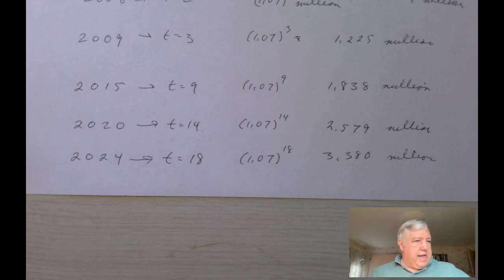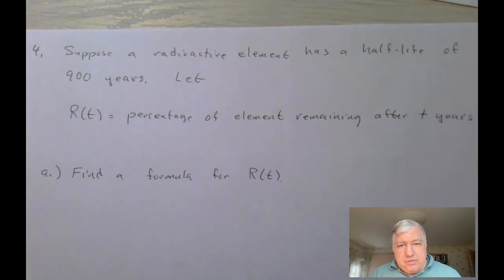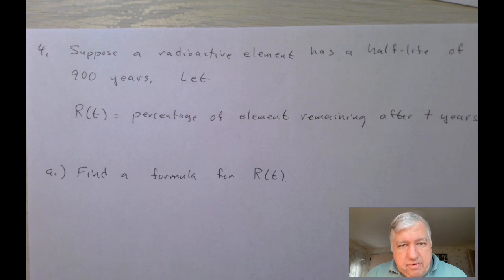Okay, the last example here. Now we're going to go in the other direction and talk about something that decreases exponentially, like a radioactive element. And when you talk about how rapidly an element decays in chemistry, you talk about it in terms of half-life.